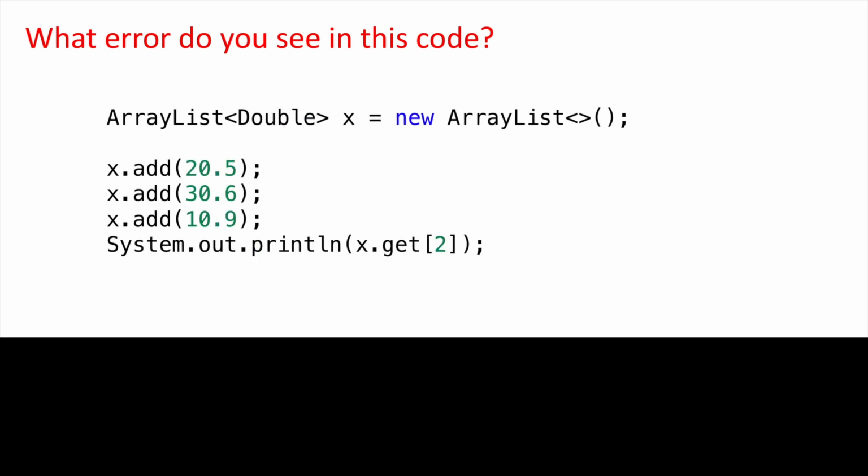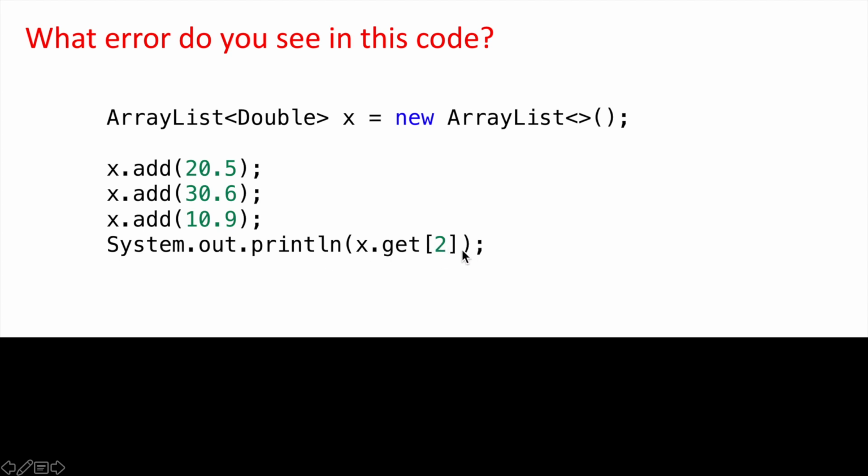Okay, what error do you see in this code? Now look at this code again. It's another code which looks similar with the for loop, yeah? So what you see here, the first one seemed to be fine. Now we added 0.5, 0.6, okay, and because it's double, but still there is an error. The error should be somewhere here.